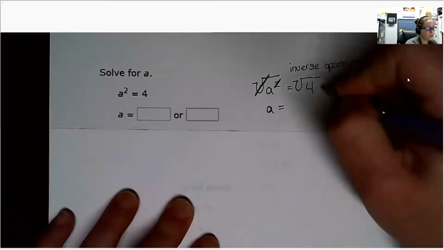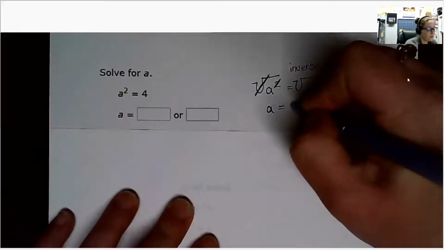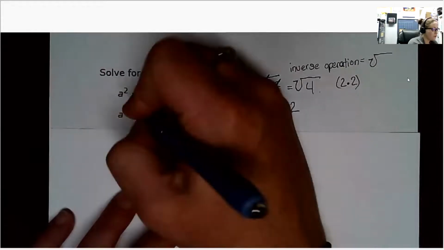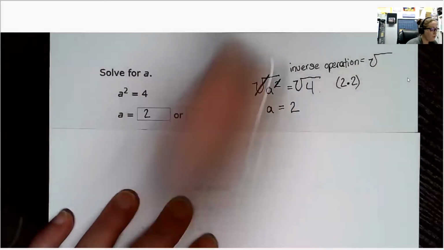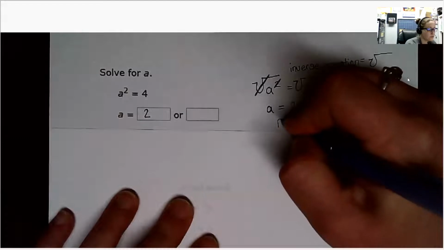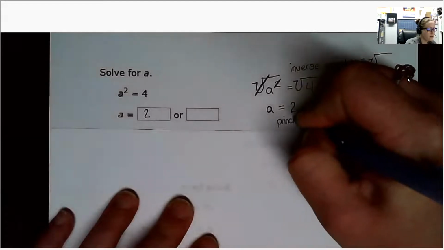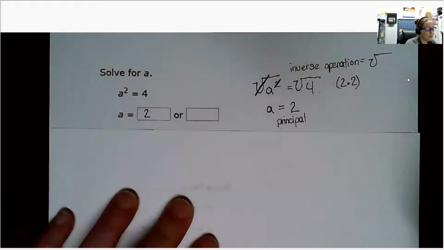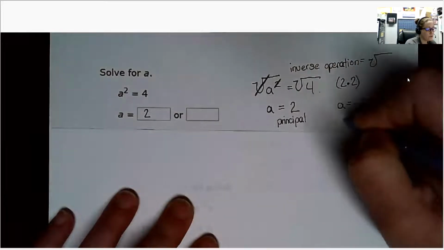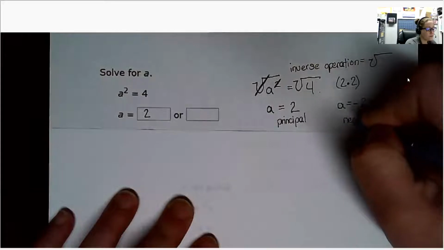So the square root of 4 will be 2. And this is where, when you go to answer, you're going to say a equals 2, which is the principal square root. But what is my other square root for this question? We would also say that a is equal to negative 2, which is the negative square root.